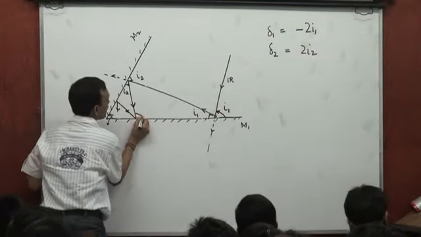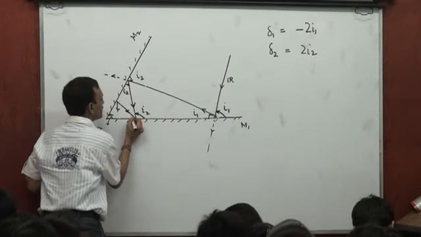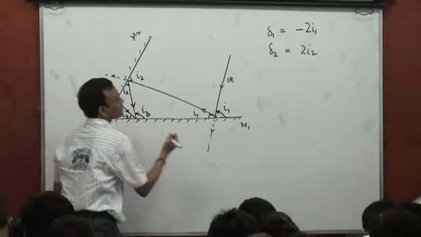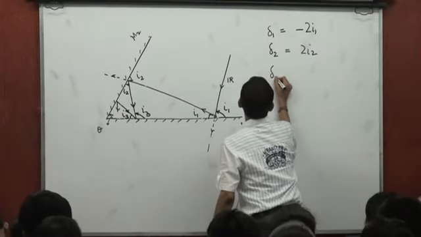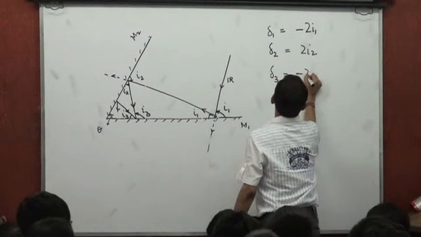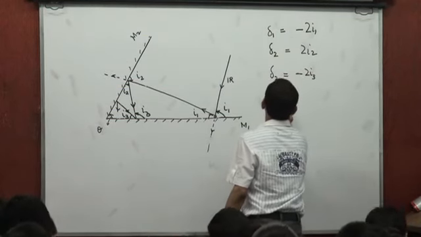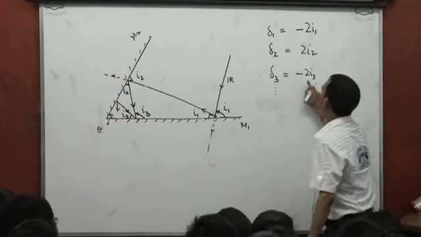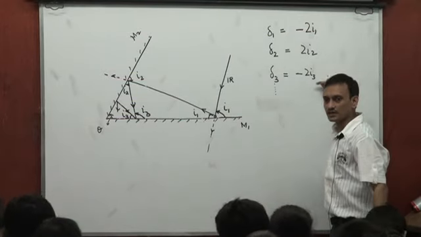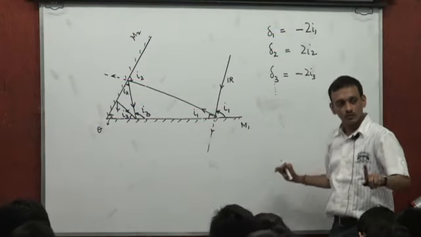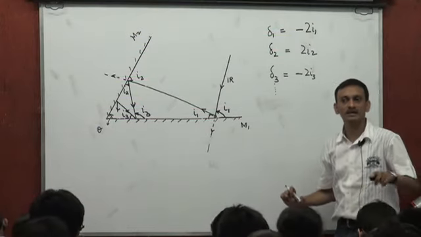Similarly, let's say this is I3. I1, I2, I3, etc. The deviations would alternate in signs. The third deviation is of opposite sign, minus 2i3, and so on and so forth. We do not know n, but in any case, delta 1, delta 2, delta 3, up to delta n produce clockwise, anti-clockwise, clockwise, anti-clockwise deviations, and so on.